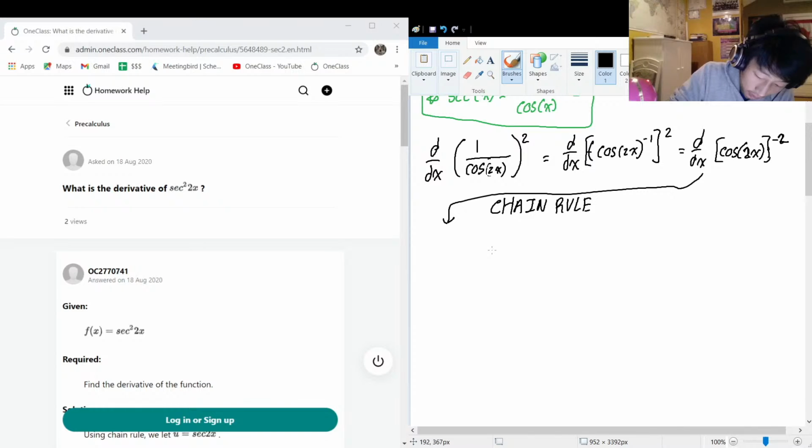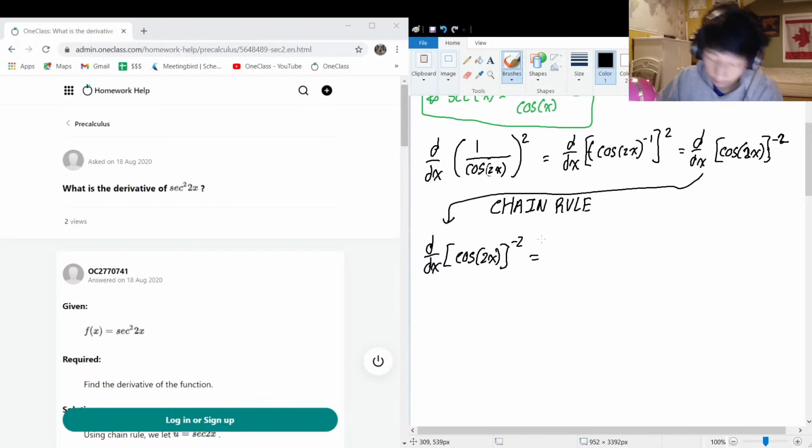Okay, so d over dx of cosine of 2x to the power of negative 2. This is equal to, well, we're going to multiply down the top, so that's going to be negative 2.